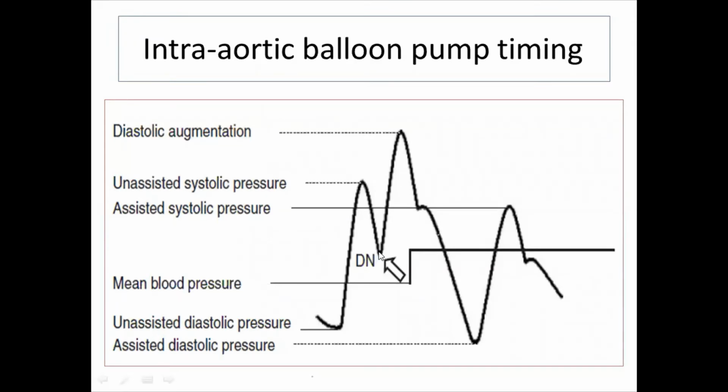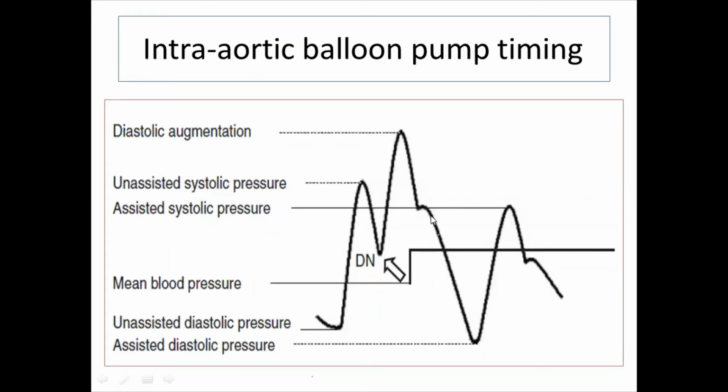This is the ideal time for intra-aortic balloon inflation. So the proper timing for inflation will be with the dicrotic notch. Then we get this rise. Now the intra-aortic balloon pump is incorporated in the aortic pressure, and this is systolic augmentation.